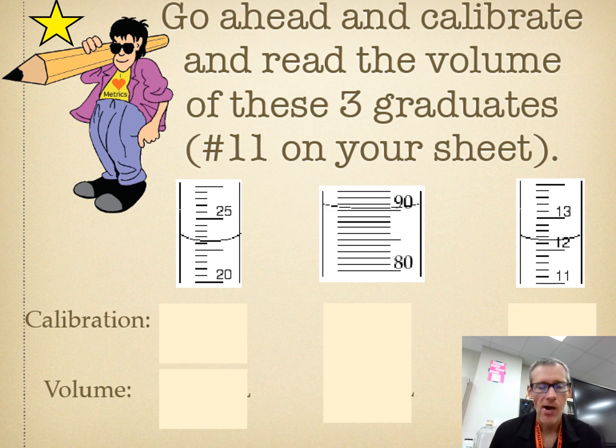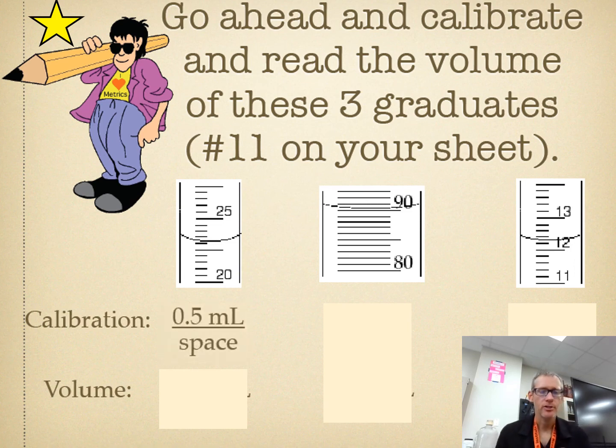So this is the first one. You should get 0.5, and the volume you should get is 23.1. Because this is halfway, so that's 22 and a half, and this is 23, so it's right above 23.